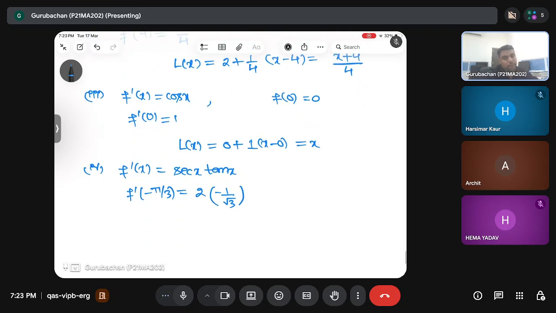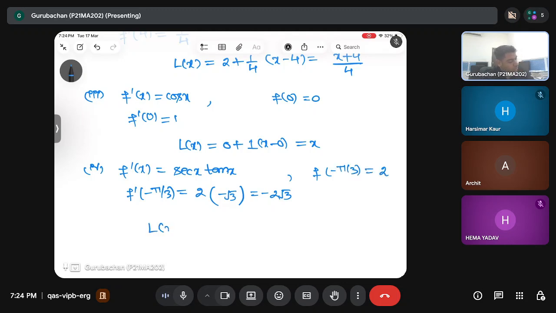No, sir, minus root 3. Minus root 3. And what about the first one, is it correct? Yes, sir, f'(x) will be sec x into tan x. So f at minus pi by 3 is 2.